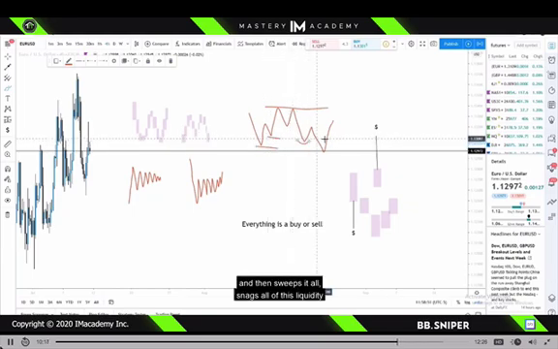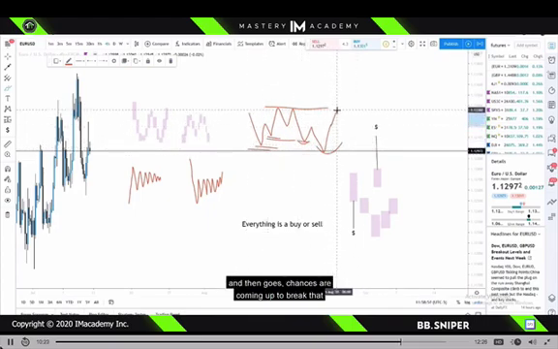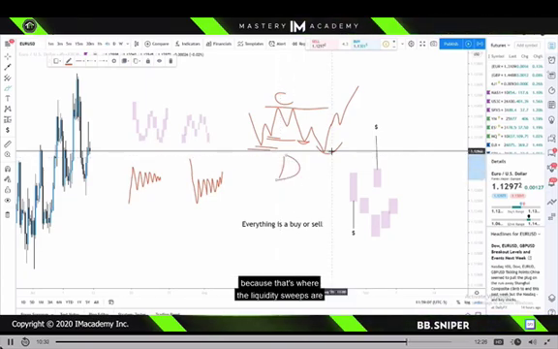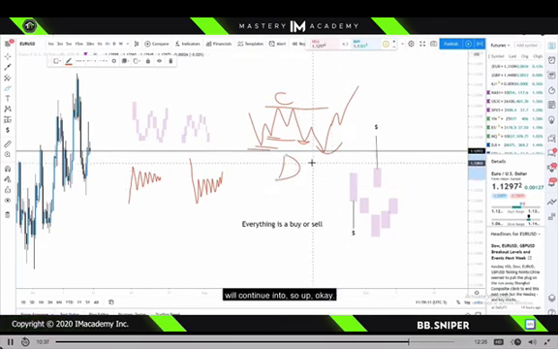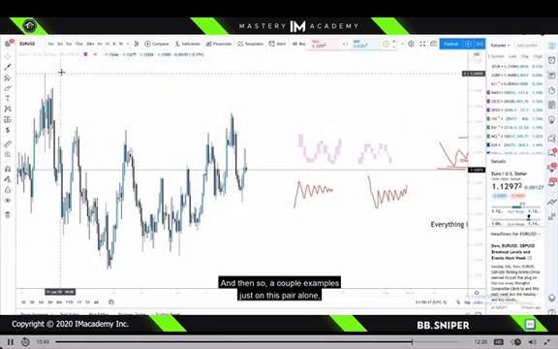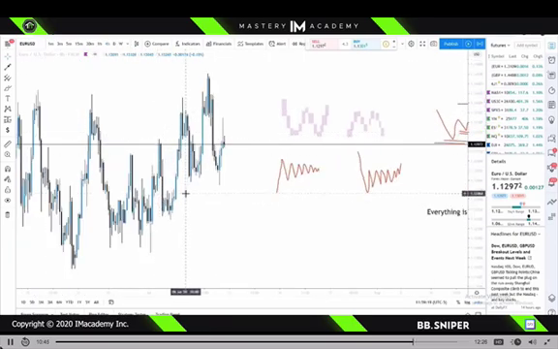The price does this and then sweeps it all, snags all of this liquidity, and then goes, chances are coming up to break that and make newer highs. Okay, so clean side, dirty side. We want to be on the harder side to play on because that's where the liquidity sweeps are, and that's what the direction will continue into. So up.